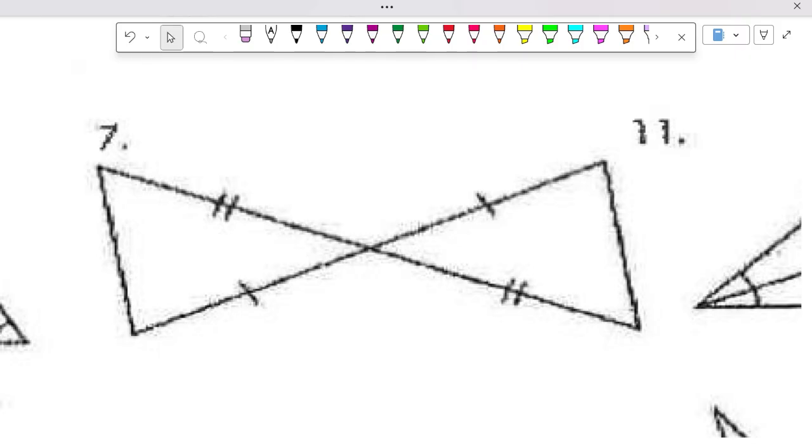You got 2 fingers raised. You're correct. Side angle side. Why? What can I mark? I can mark the vertical angles. So it's not side, side, side because we can't make the assumption that these 2 sides are congruent. But we can make the assumption that since these 2 angles are vertical to each other, they're congruent.